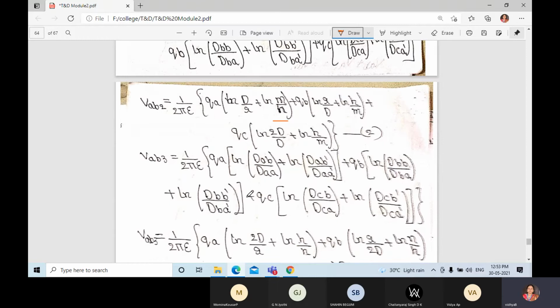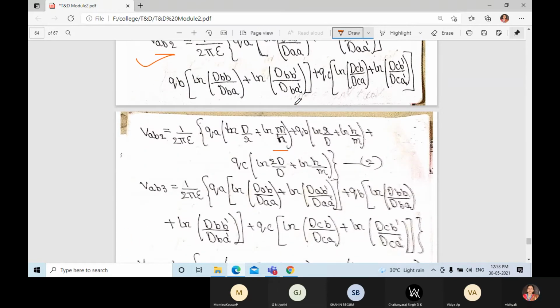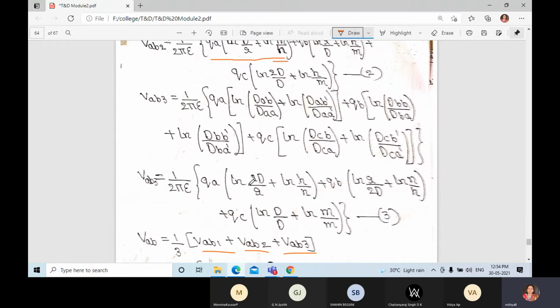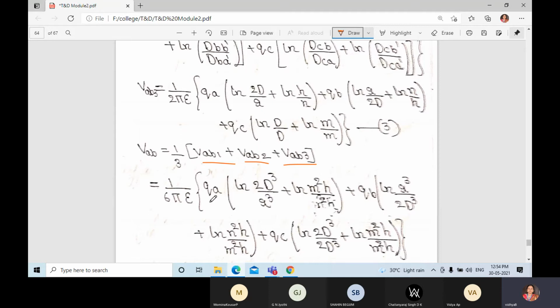In equation 1, QA ln D by R plus ln M by N. In equation 2, QA ln D by R plus ln M by H. In equation 3, QA ln 2D divided by R plus ln H by N. So here QA is common.